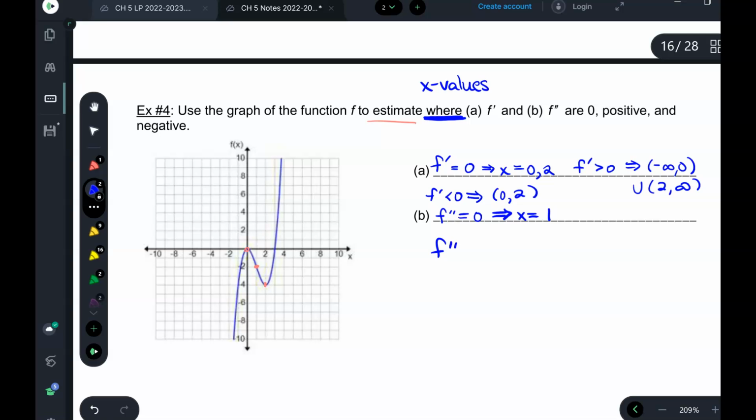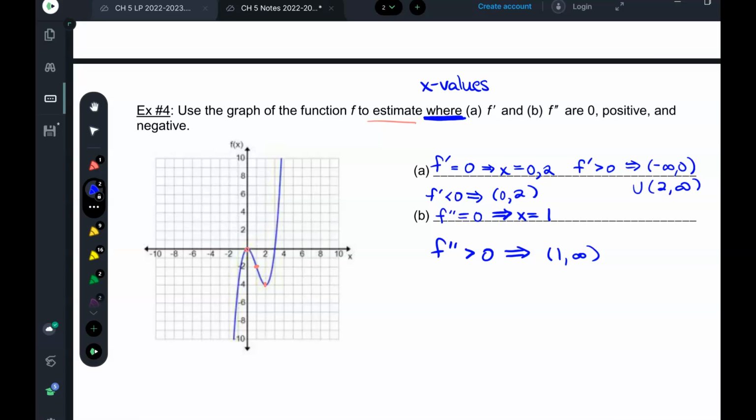Sorry, I'm going to write this down here. Where is the second derivative greater than 0? So now we're saying, where is it concave up? Well, we're going to start from 1 to infinity. Are we okay? How is this like approaching it as a second derivative? So I'm looking where it's concave up. I'm looking at the concavity.